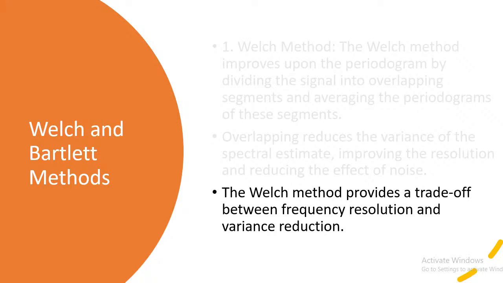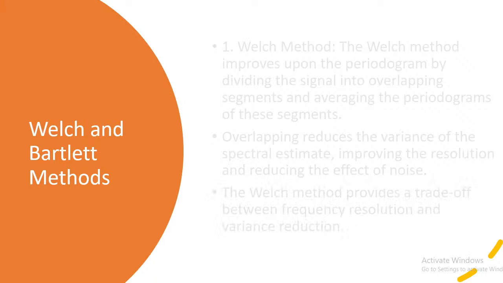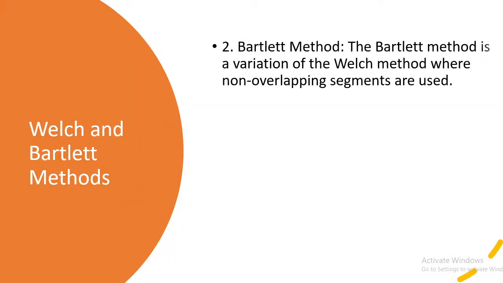On the other hand, this provides a trade-off between frequency resolution and variance reduction. So if you have good frequency resolution, you will not have good variance. If you have good variance, you will not have good frequency resolution.